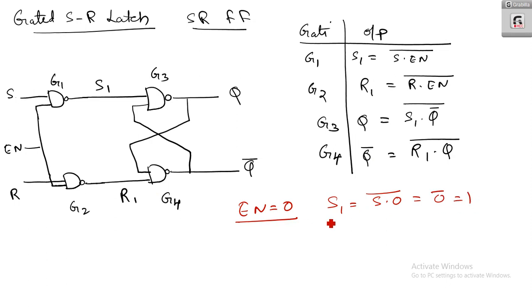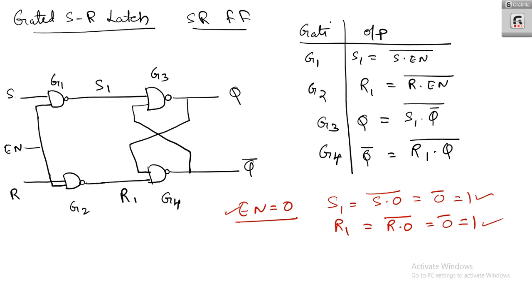Again, R1 is R dot 0, the whole bar, that is 0 bar, which is 1. That means when enable is equal to 0, S1 and R1 are both equal to 1.